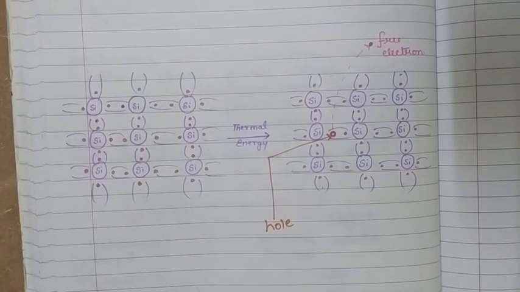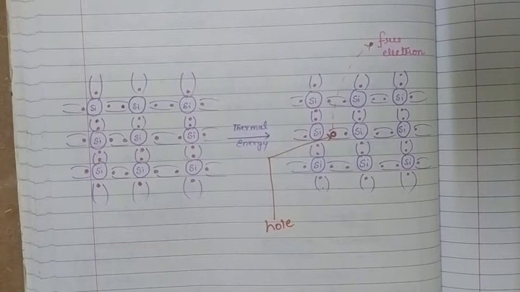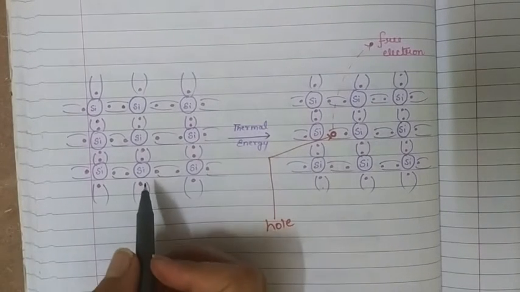So now if there is a crystal like this, and because of the room temperature, as the temperature increases, some thermal energy is provided to those electrons, or we can say that the thermal energy of valence electrons increases because of the rise in temperature.